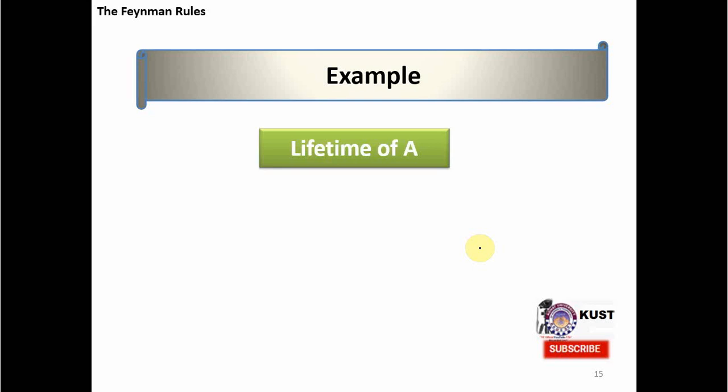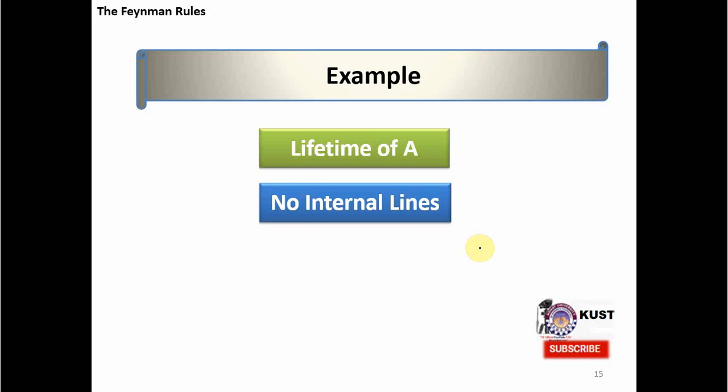Okay. So we want to calculate the lifetime of A, because we said that this particle A is decaying into particles B and C. So we are interested in calculating the lifetime of the particle A. In order to do this, what we have to do is draw a diagram. In this Feynman diagram, we will consider only the lowest order diagram, the zeroth order diagram.